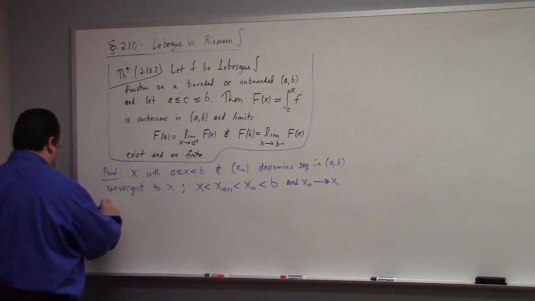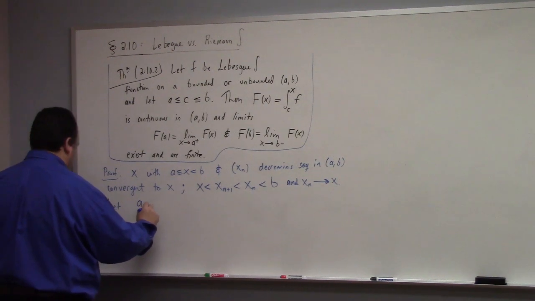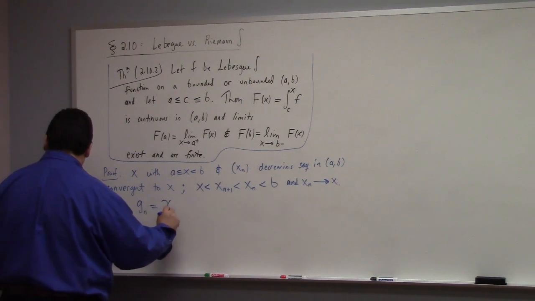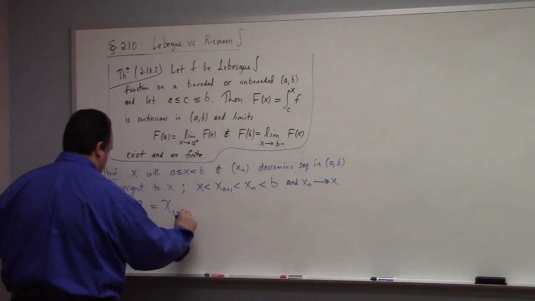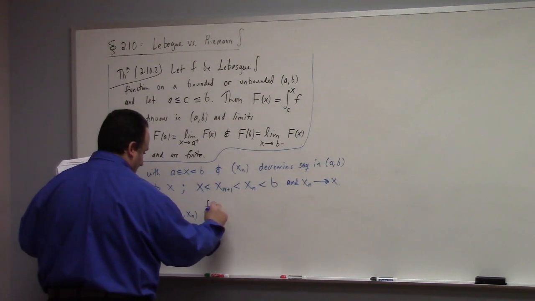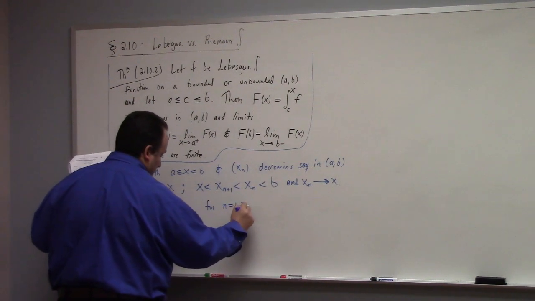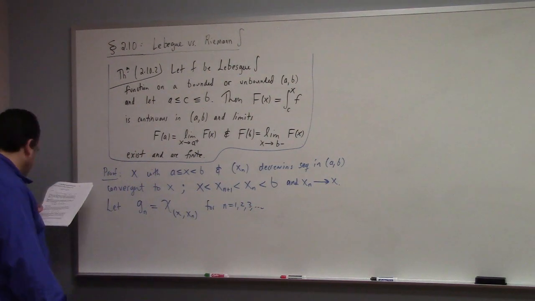He says, let g sub n be defined by the characteristic function of the open interval from x to x_n for n equals 1, 2, 3, and so forth.